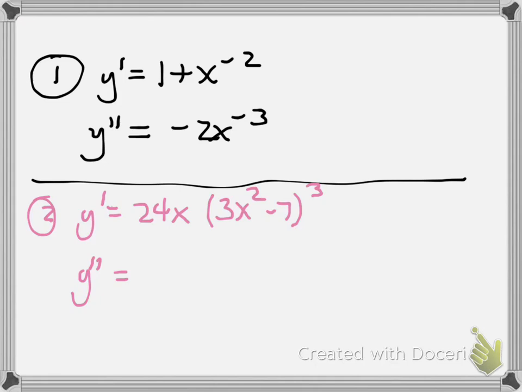So the second derivative, which is pretty involved, would be, remember it's commutative since it's product rule, so the order doesn't matter, 24 times 3x squared minus 7 to the third plus 24x times the derivative of that other piece, times 6x.